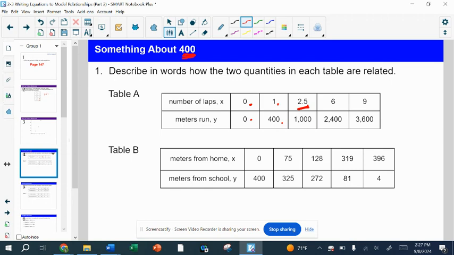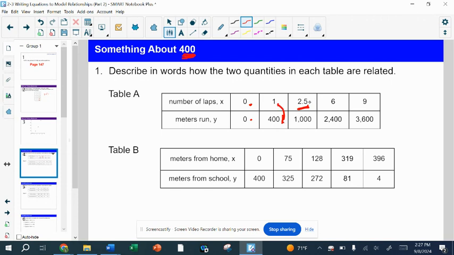What's happening here is that every lap that they run is actually adding on another 400 meters, right? The distance run is 400 times as much as the number of laps. If I multiply by 400, here the 0 doesn't really help me a whole lot to see that, but multiply by 400, yep, that would make sense.